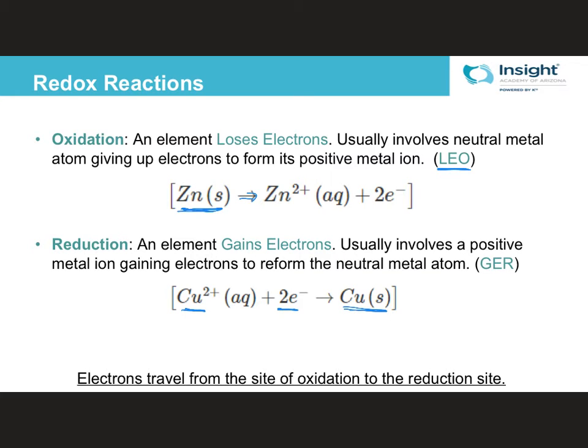My way to remember this is GER, like the noise that a lion makes: gain electrons, reduction. Your electrons always travel from the site of oxidation to the reduction site. A redox reaction always has to have these two halves. Electrochemistry always has to have an oxidation and a reduction reaction.